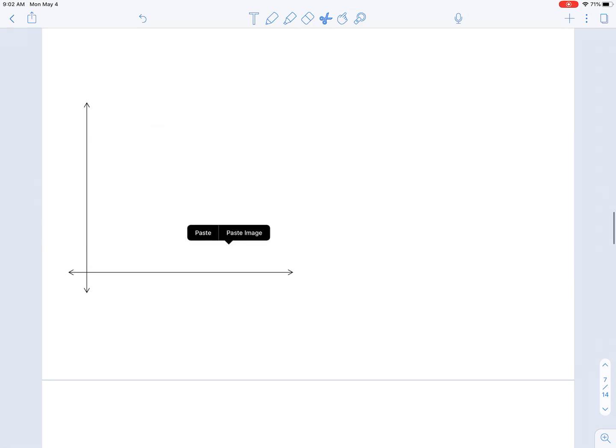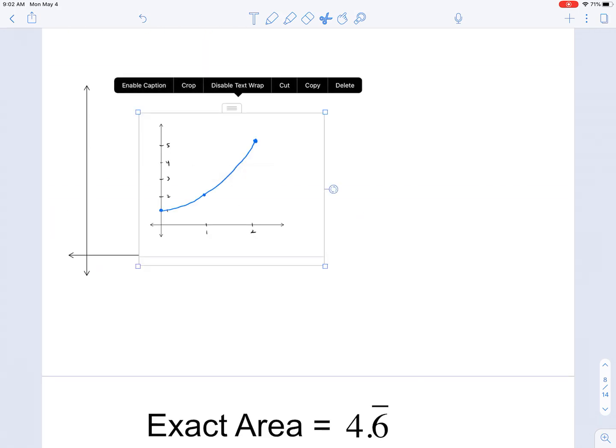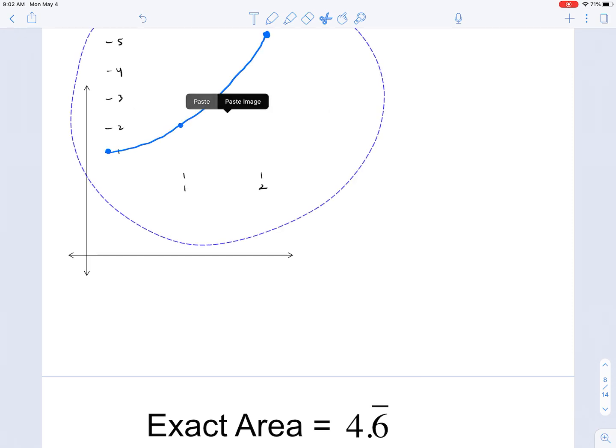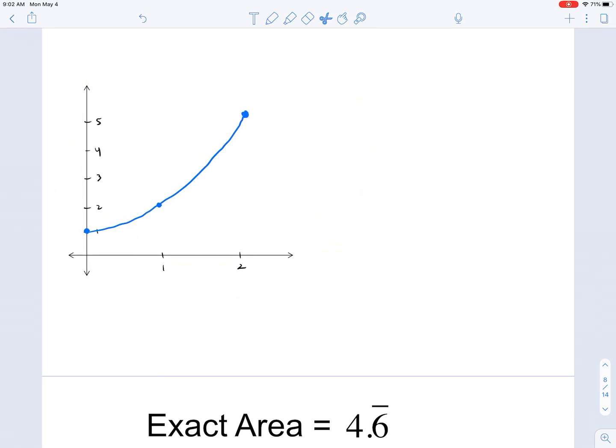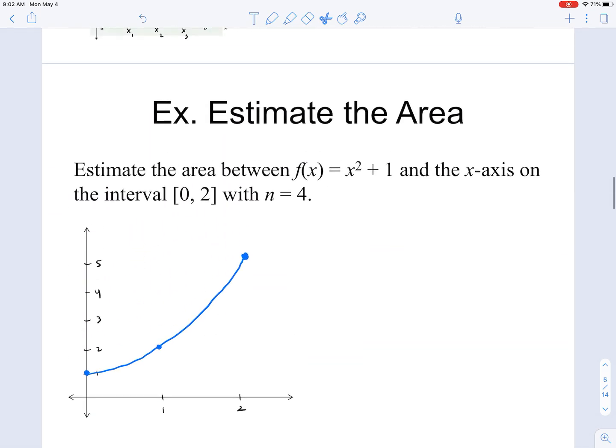Okay, and I'm going to copy and paste because we're going to be using the same graph multiple times.